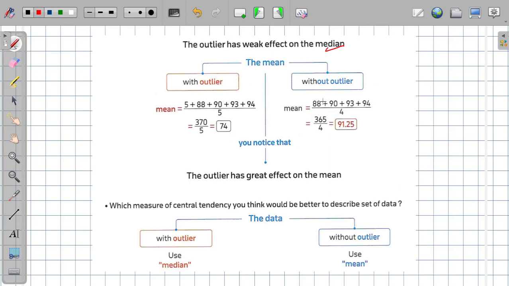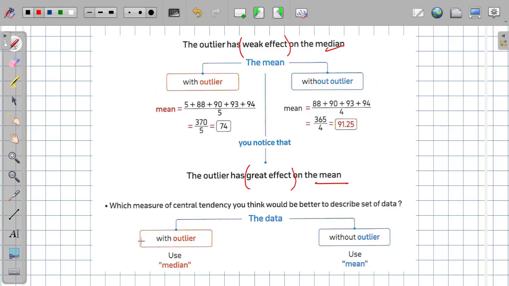Okay, but without the outlier the mean will be 91.25. The difference between the two means is very big, so I will say that the outlier has great effect on the mean. So the outlier has weak effect on the median but has great effect on the mean.